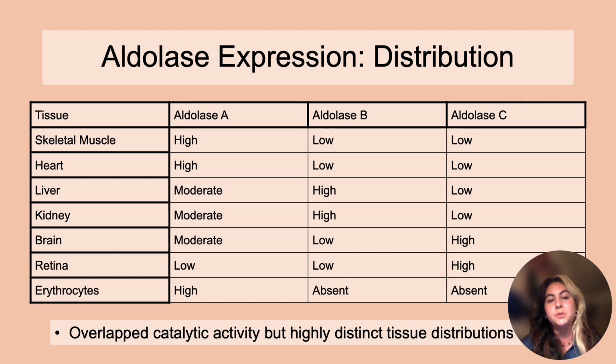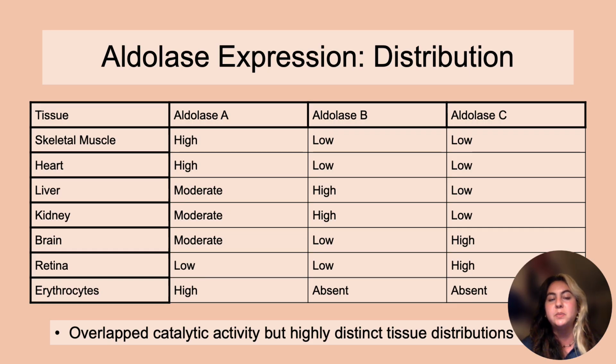Now that we've gone over those 3 isoforms, just to summarize everything, this comparison in this chart here is going to highlight basically the major theme of the presentation: all 3 of these isoforms are performing the same enzymatic reaction, but each of them is expressed in distinct tissue distributions where their specialized properties are going to provide the greatest physiological benefit for that specific tissue.